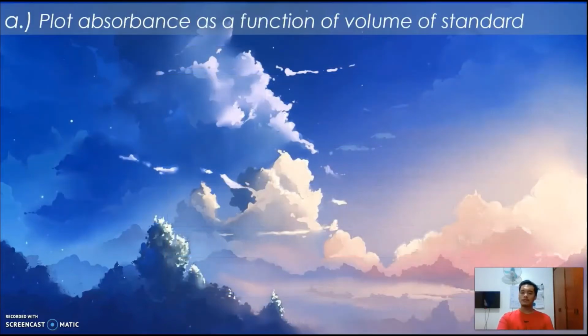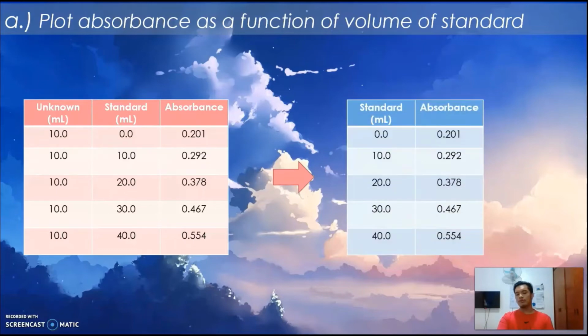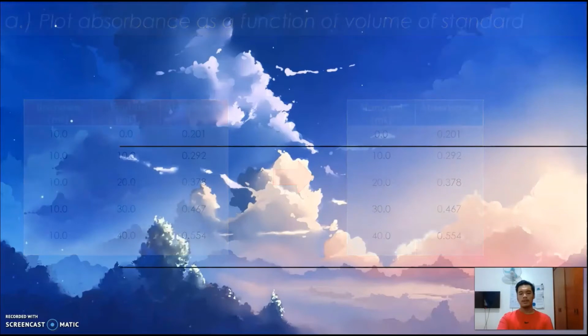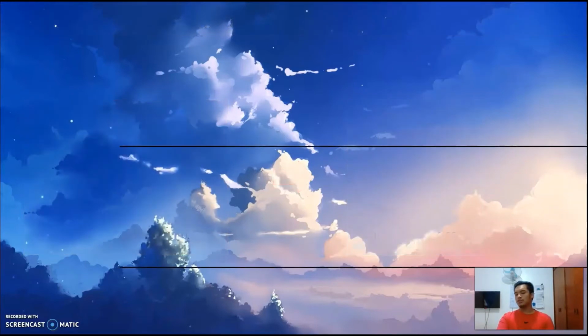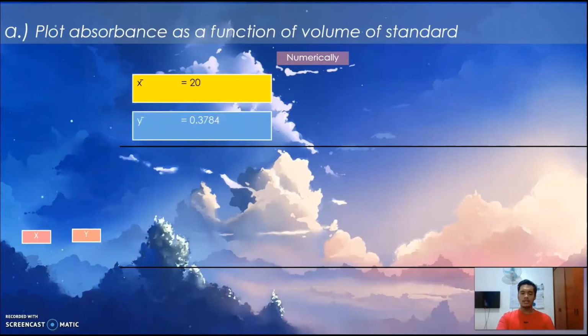Plot absorbance as a function of volume of standard. So we have this table, however it says here plot absorbance as a function of volume of standard. Therefore, we'll only need to plot this part of the data table. Of course, as I said, we will need to do it numerically in order to learn how to do it by hand, using statistics or least squares equations. So numerically, we will have XY data.